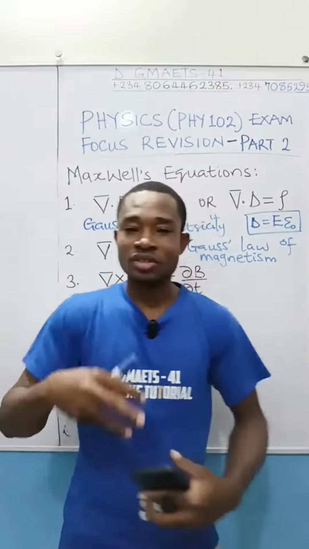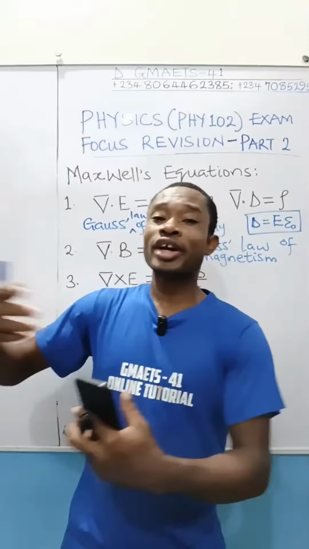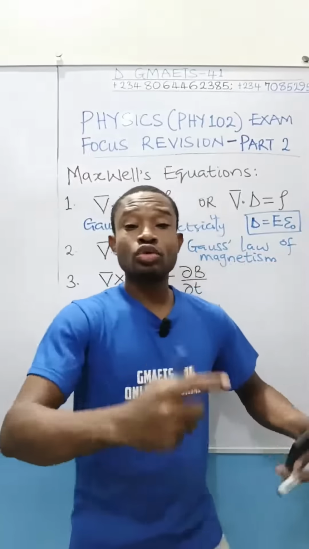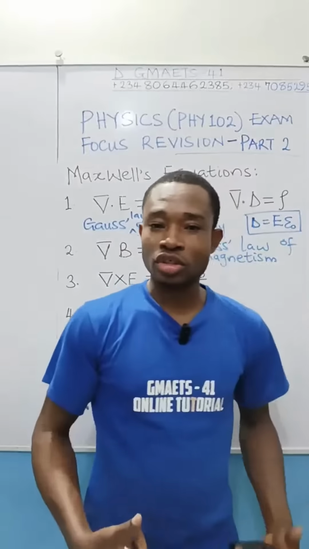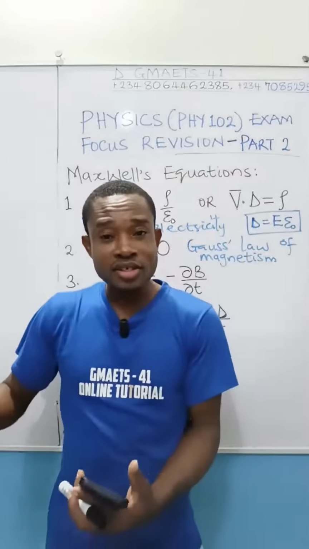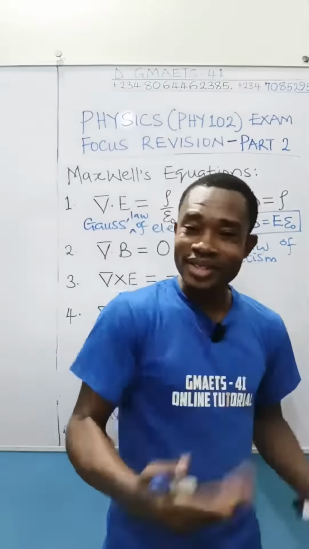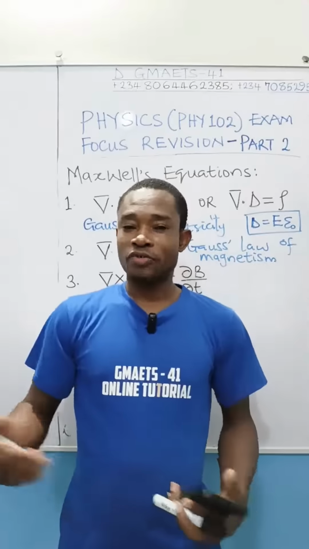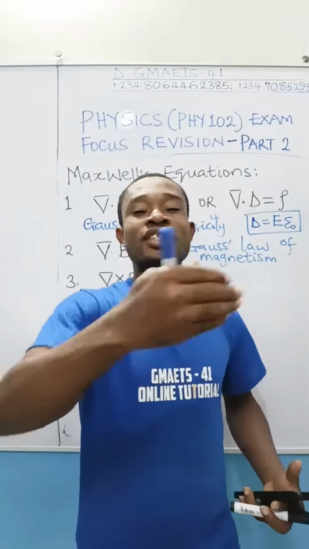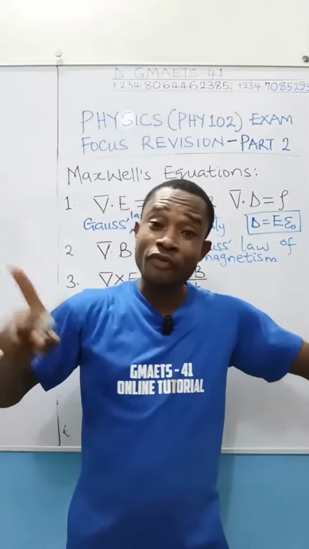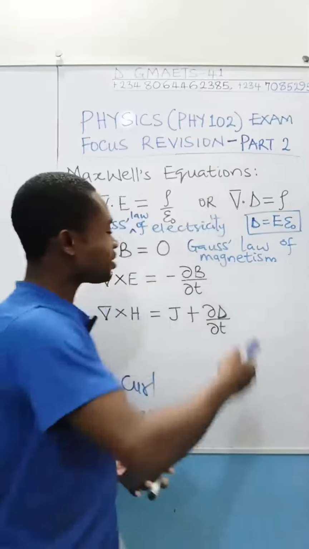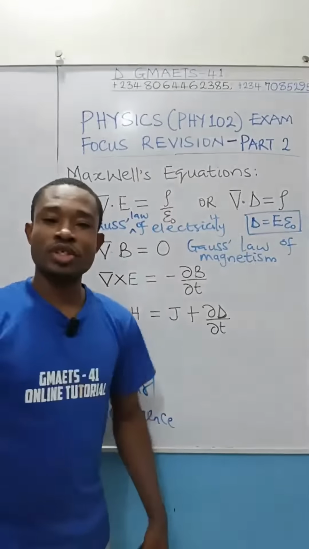The interaction of current and charge to produce magnetic field and electromagnetic induction. The interaction of charges and current to produce magnetism, which of course we refer to as electromagnetic field.